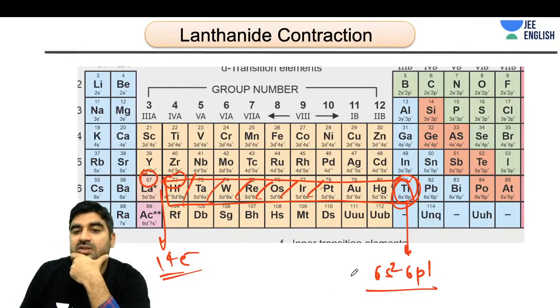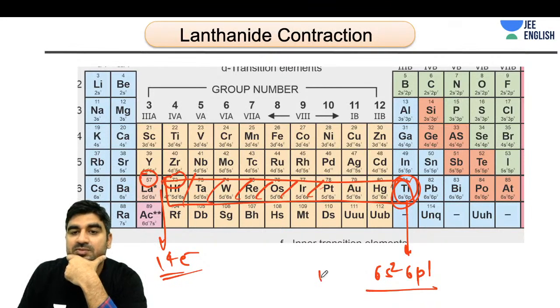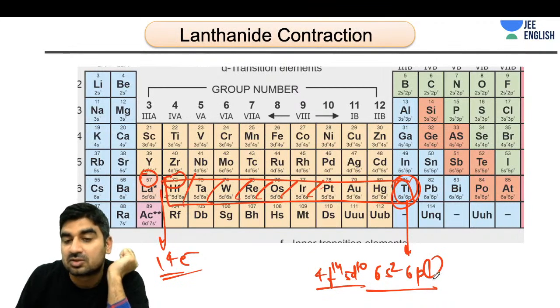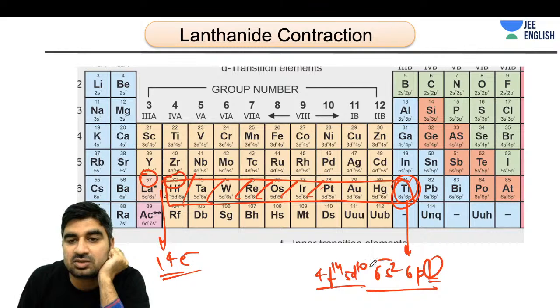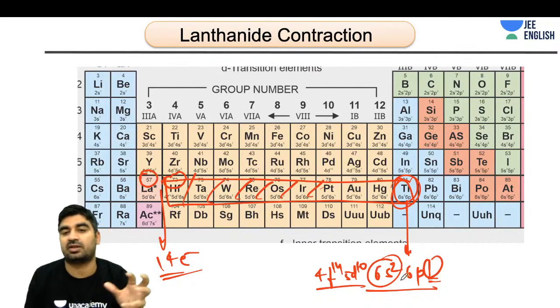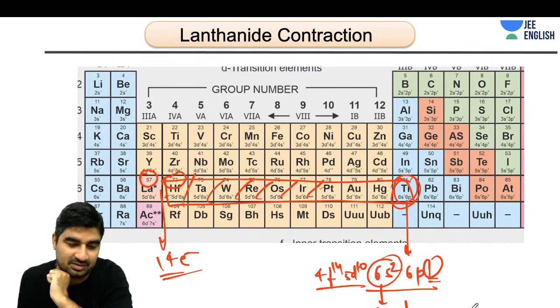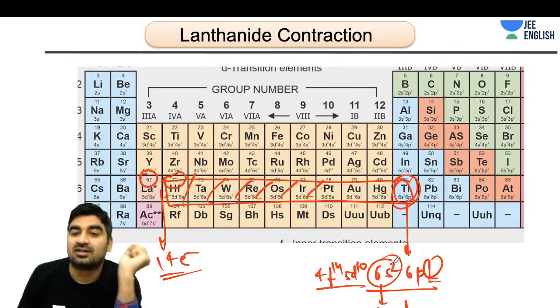It can lose one electron from the p orbital. After losing one electron, these two s electrons, due to very strong attraction, will become inert. Why will they become inert? Due to very strong attraction. And if these become inert, then we call it the inert pair effect.